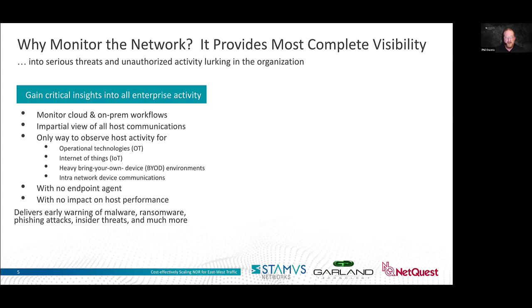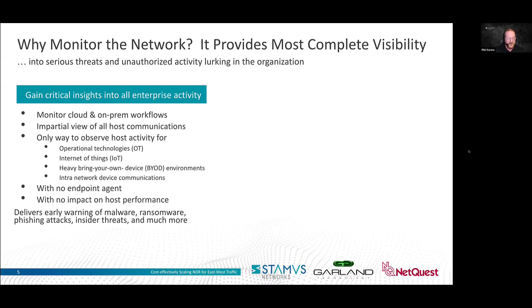So why do we monitor the network? The main reason to monitor the network is there could be things moving around, and there are lots of ways to monitor a network, or monitor your systems. But the bottom line is there's the truth in the network.